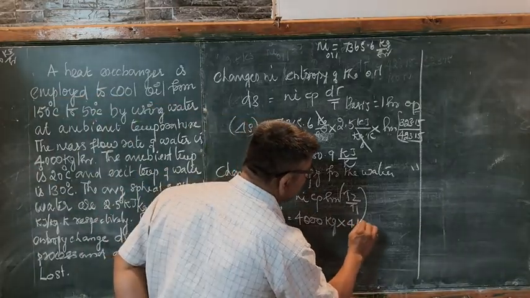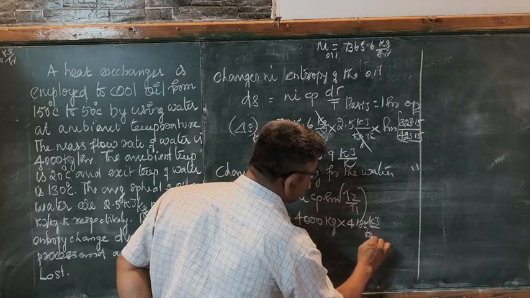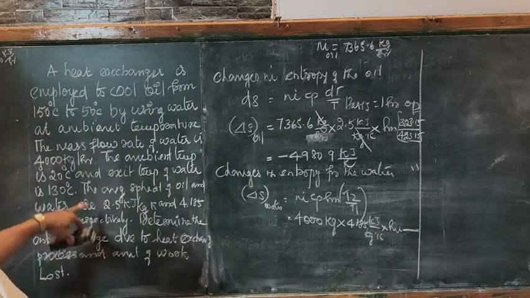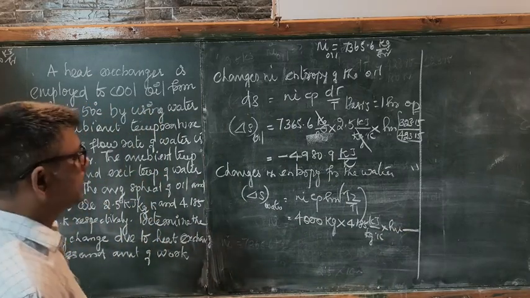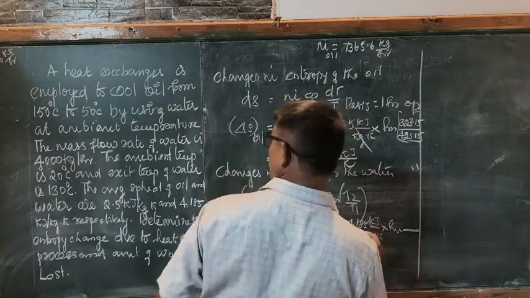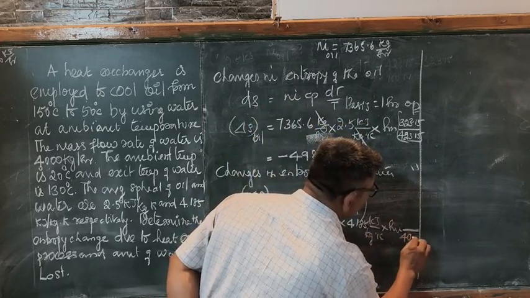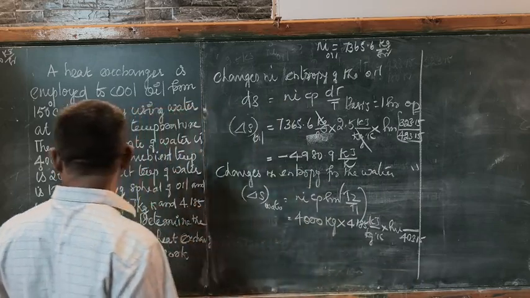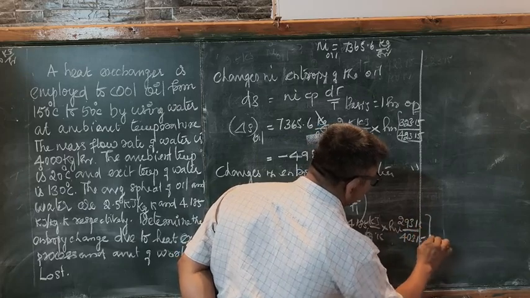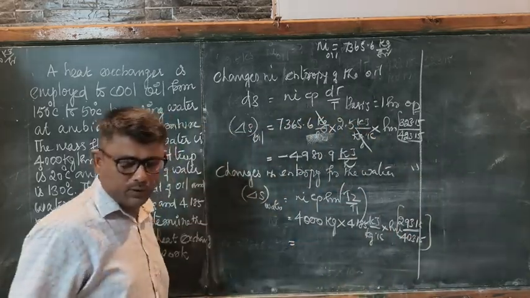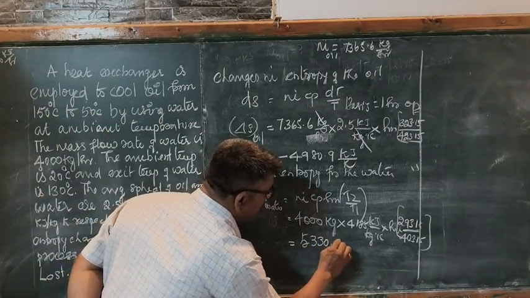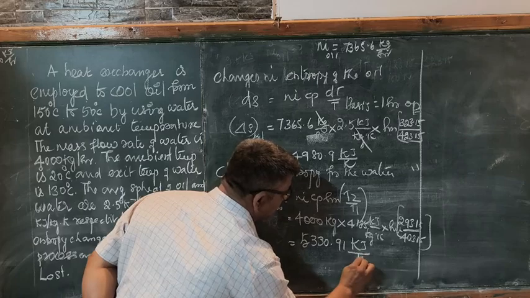Cp of water is 4.185 kilojoules per kg degree Kelvin, into ln, the initial temperature 20 degrees Celsius to 130 degrees Celsius. 130 means 403.15, and 20 degrees Celsius is 293.15 degree Kelvin. The answer for water is 5330.91 kilojoules per degree Kelvin.